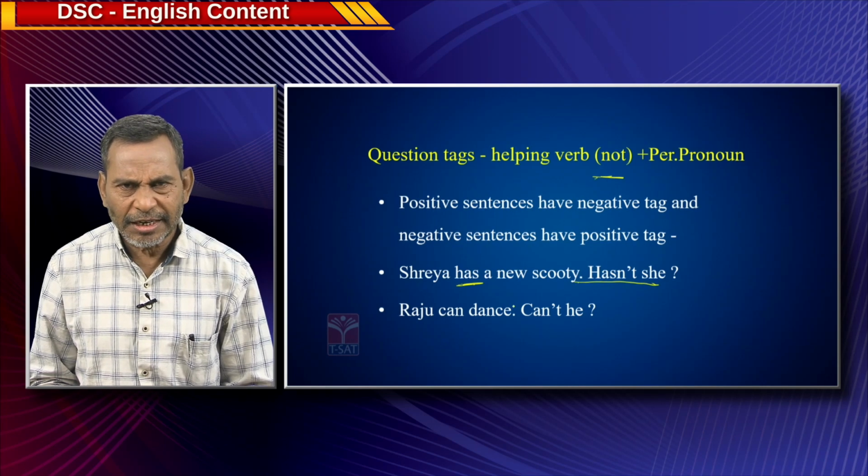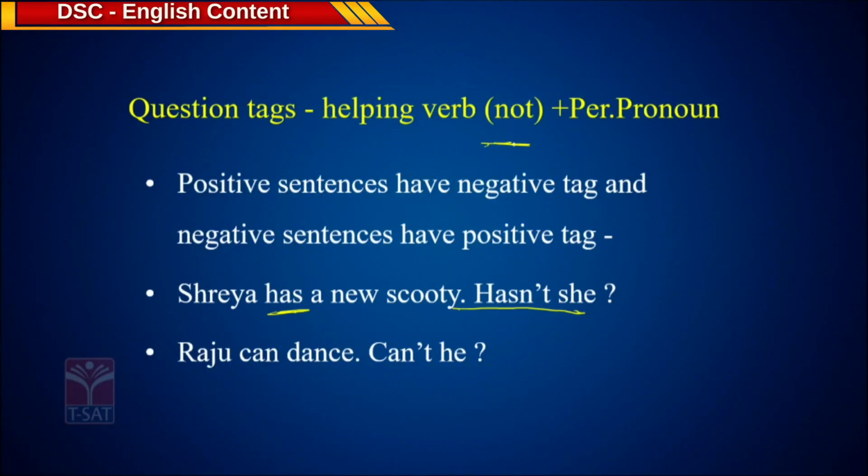You just take any sentence and it will fall in the same equation: helping verb plus not, where not is always optional. If the sentence is positive, we go with the not. If the sentence is negative, we drop the not, and we write the personal pronoun.